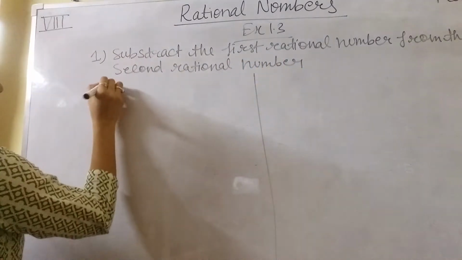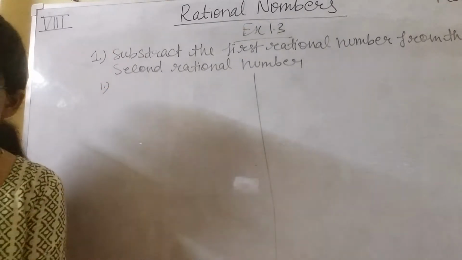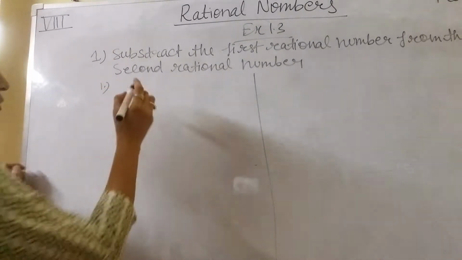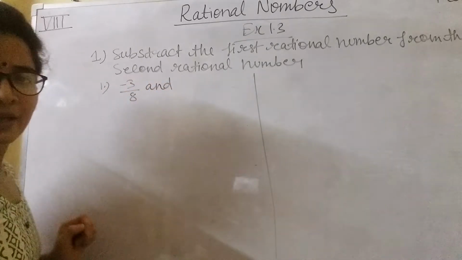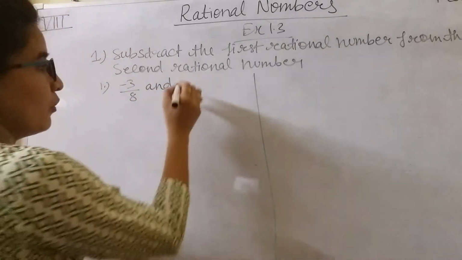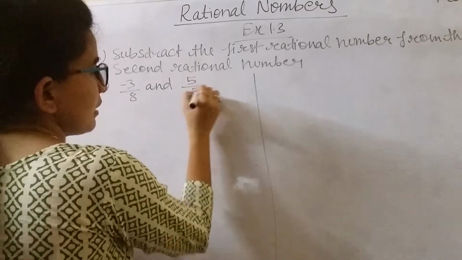Now the first question is -3 by 8 and the second number is 5 upon -7.